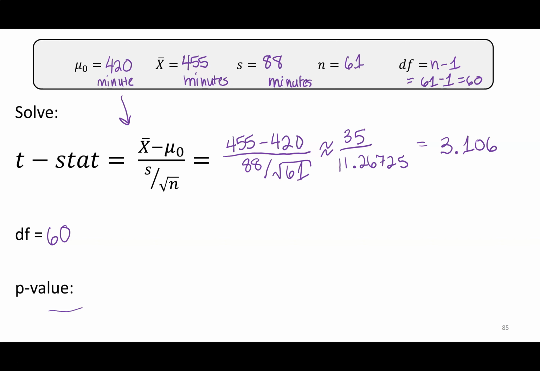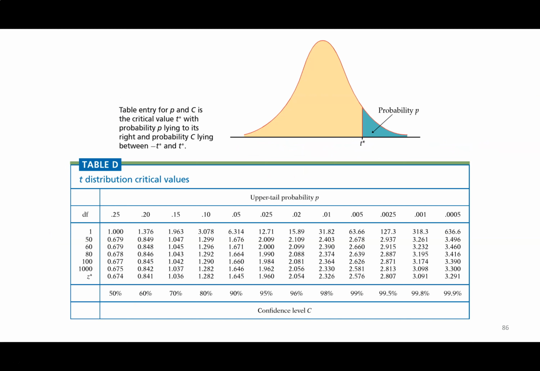So then my p-value. I'm going to need a t-table for this. So here, looking at these rows, my degrees of freedom were 60. My t-test statistic with 60 degrees of freedom is 3.106.